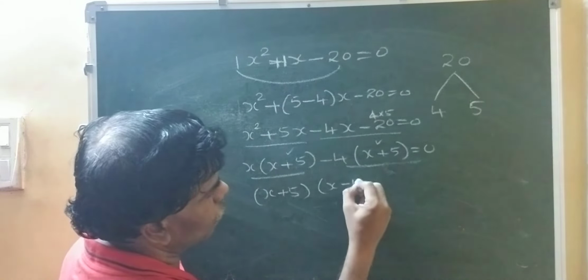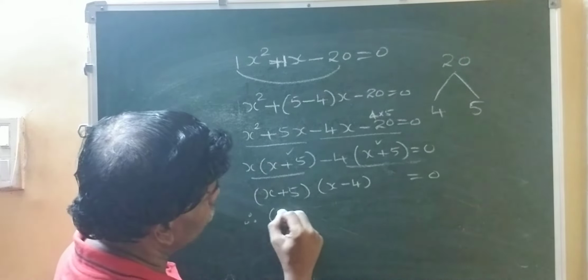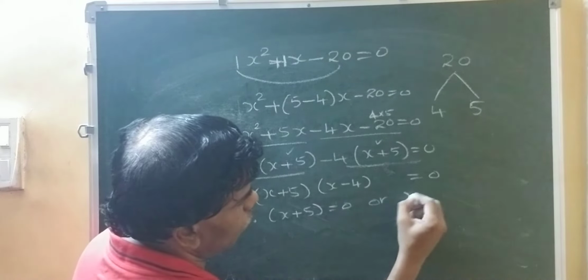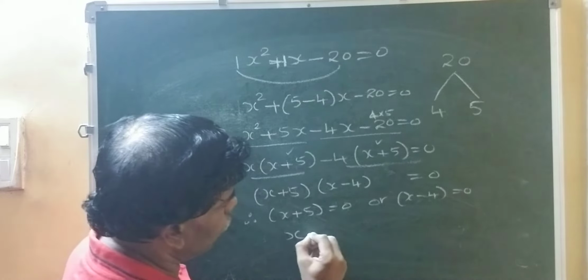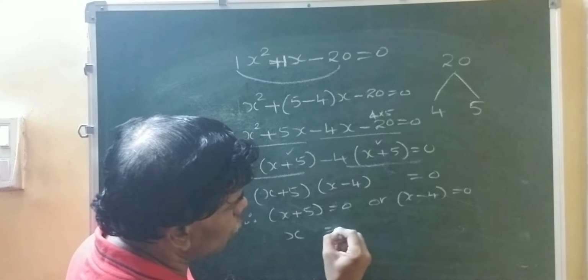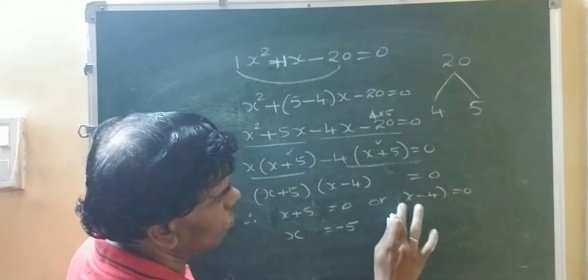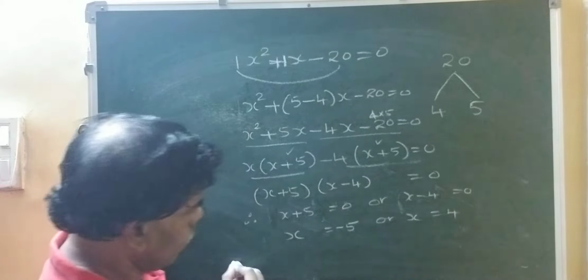So x minus 4, which is equal to 0. Therefore, either x plus 5 equal to 0 or x minus 4 equal to 0. Therefore, x equal to minus 5 or x equal to 4.